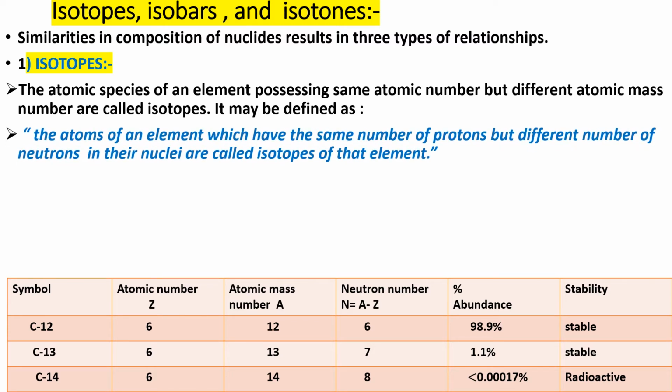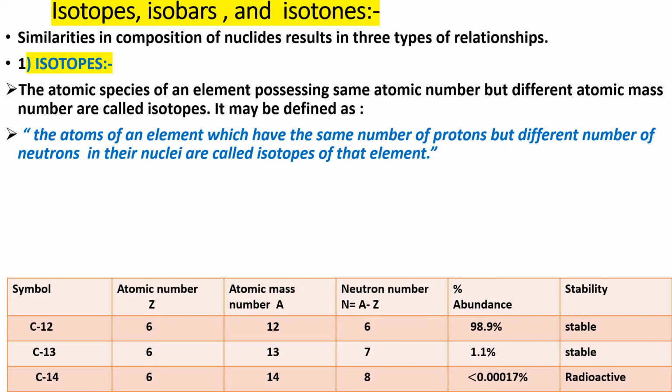The atomic species of an element possessing the same atomic number but different atomic mass numbers are called isotopes. It may be defined as atoms of an element which have the same number of protons but a different number of neutrons in their nuclei.